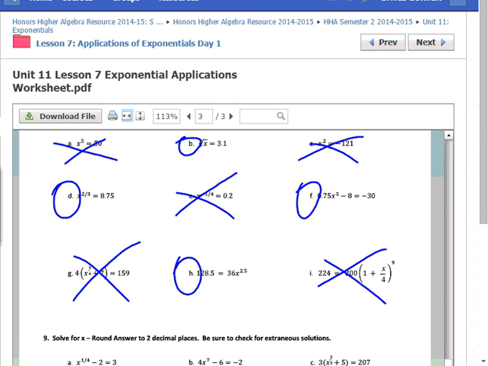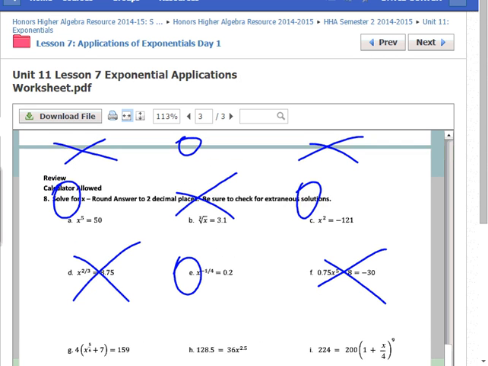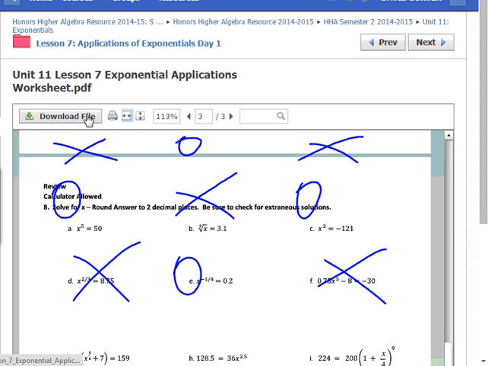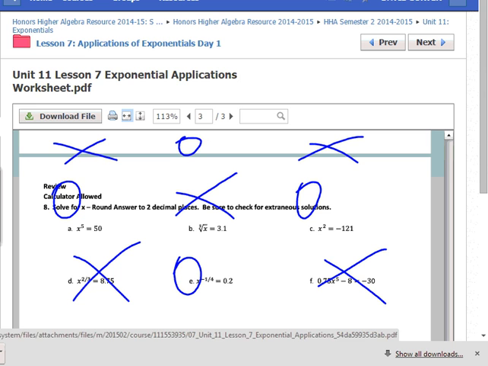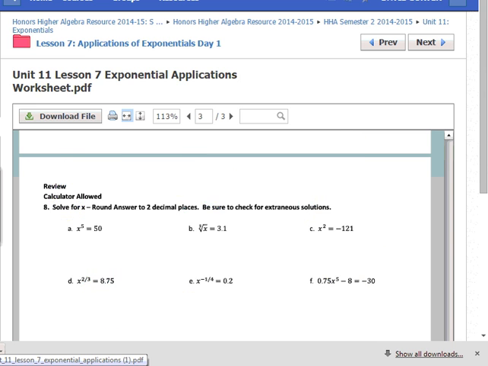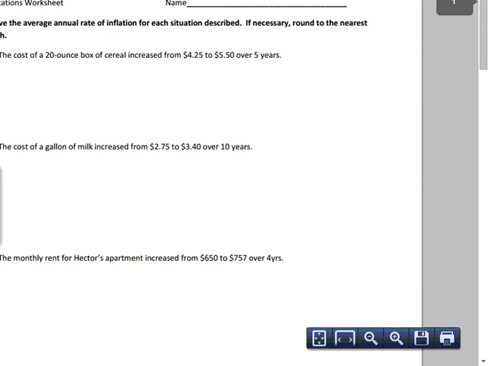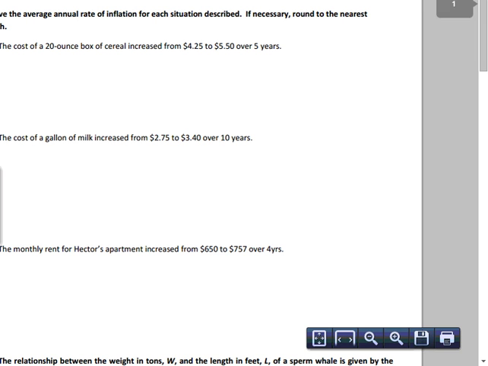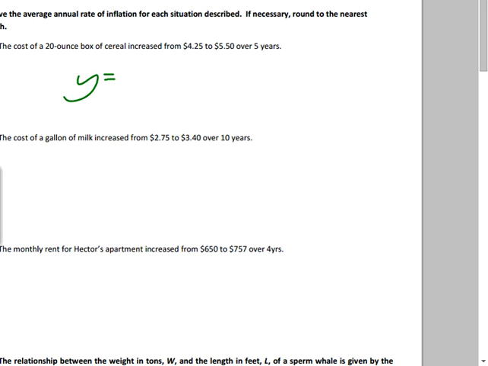And the first few questions, let me start with you, okay? I'm going to download this file so I can see it in a larger format. Here we go. The cost of a 20-ounce box of cereal has increased from $4.25 to $5.50 over 5 years. You start with y equals the starting value, $4.25, times (1 plus r), since it's an increase.